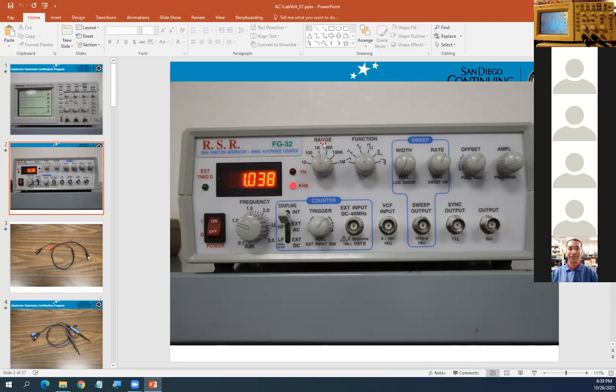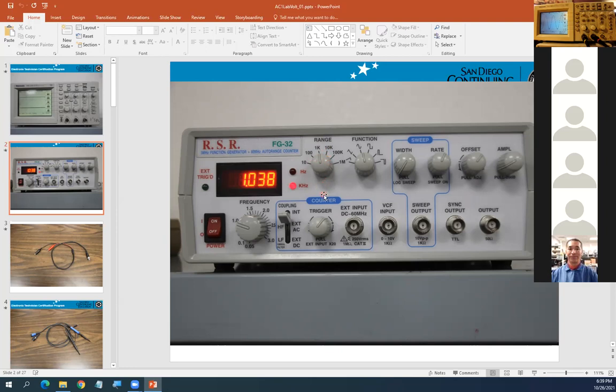Right here, range. 1 kilohertz or 100 hertz or 10 kilohertz, depending on what frequency you want for your circuitry. If they want 1 kilohertz, you can set it to 1K. However, if they want 3 kilohertz, then the range must be changed to 5K or 10K. You can go from 0 up to 10 kilohertz. That is the range.